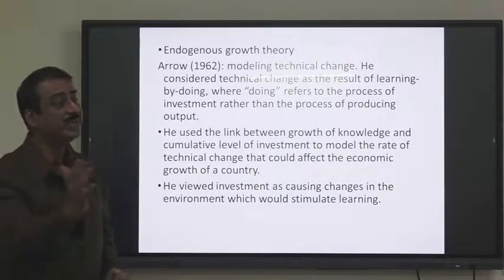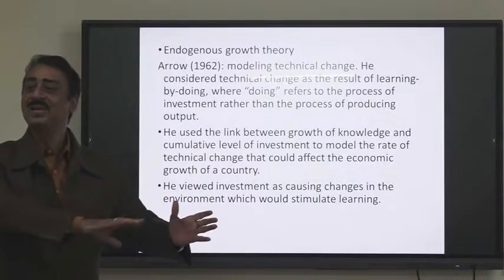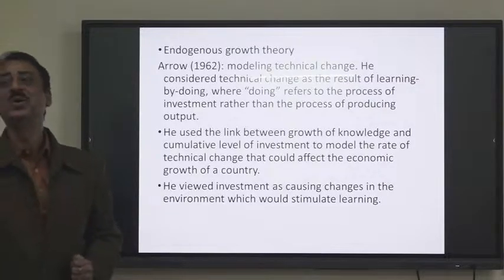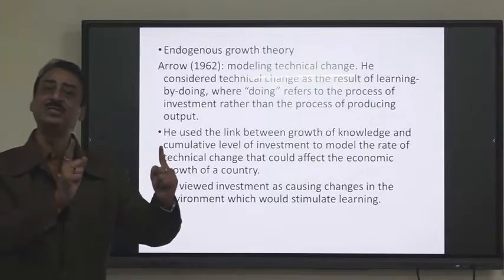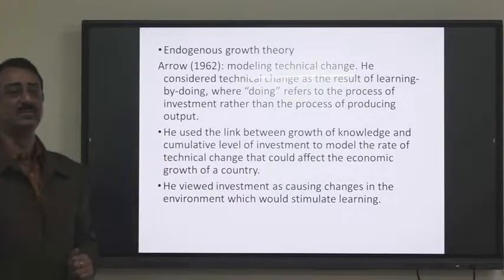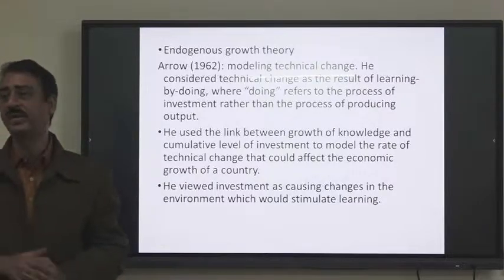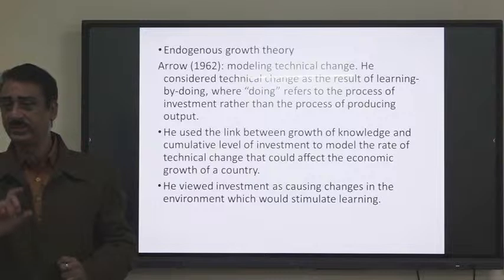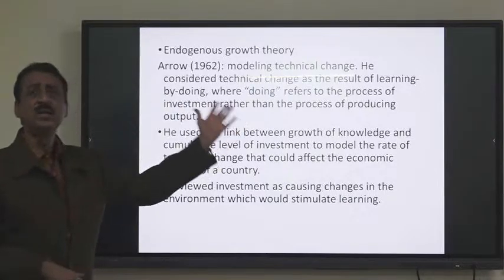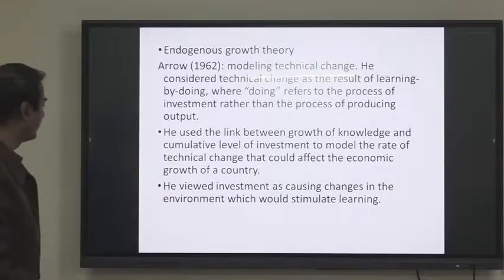There should be a coordination between what we are learning at the knowledge hubs and there should be a lab where we are actually able to translate into operational part. Otherwise, that knowledge hub will remain restricted and it will not result in tangible outcomes. So Arrow's point was basically that we have to constantly work on technical change and how to convert that technological change into operational strategies. And following Arrow's model, Solow also talked about technological progress.